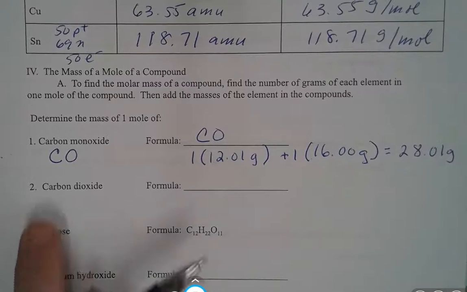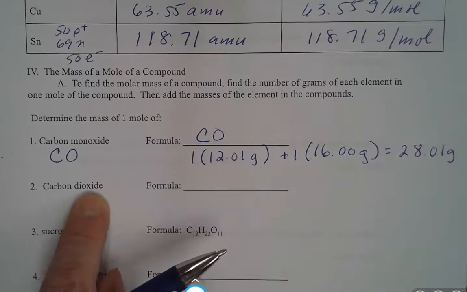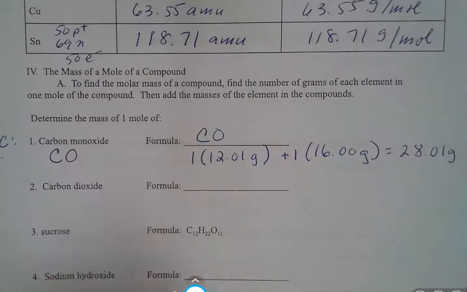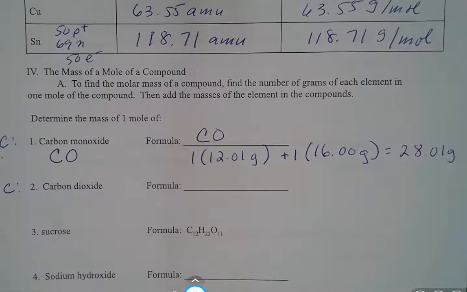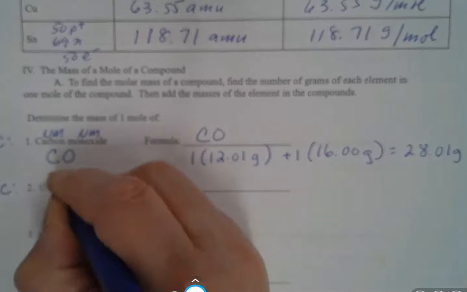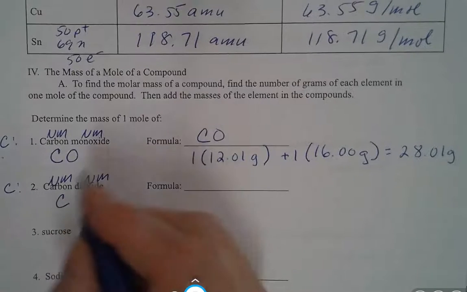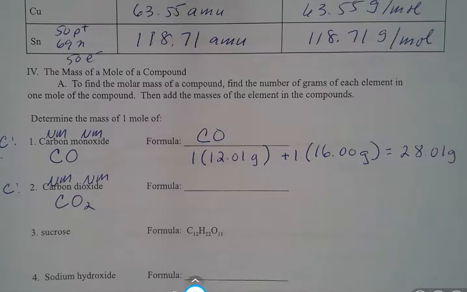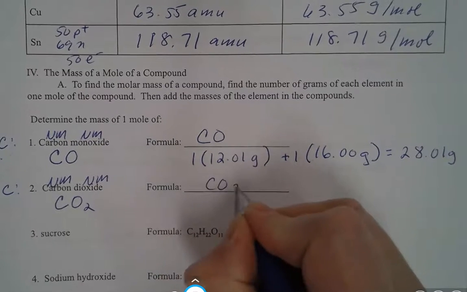All right, let's try the next one, carbon dioxide. I'm going to put a little C here, which means covalent, which is nonmetal, nonmetal. Remember doing that? So I have one carbon, and dioxide means two oxygens. Do you remember why we spent so much time naming? So we can do this. So the formula again is CO2.